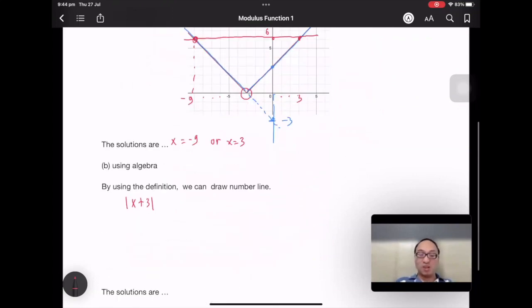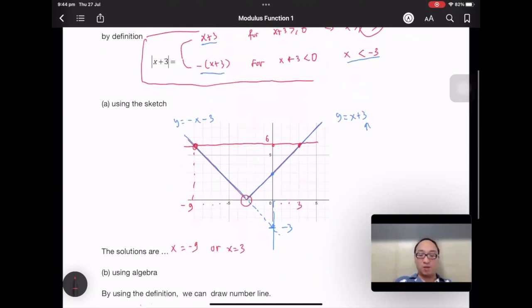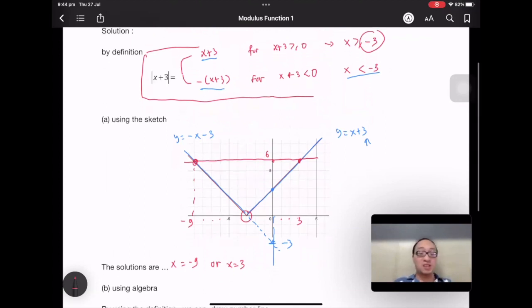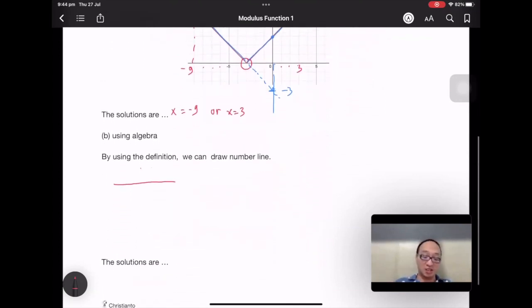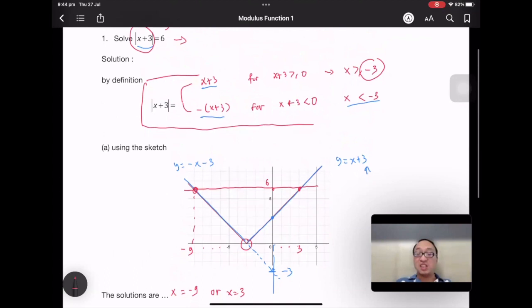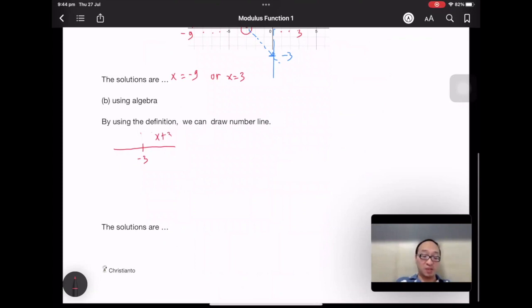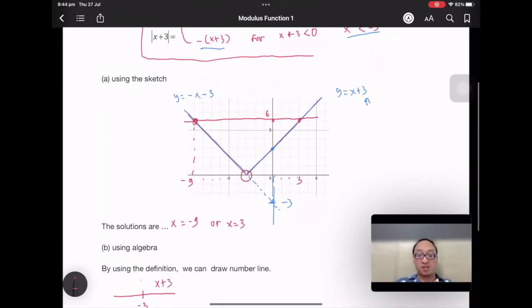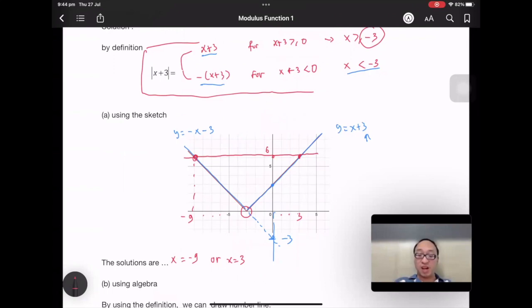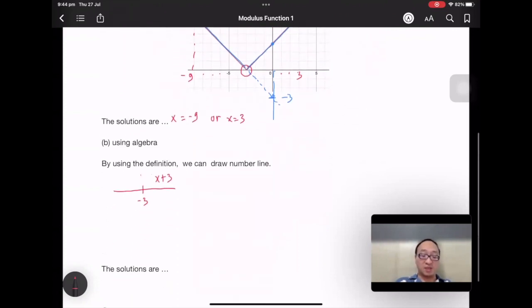Based on the definition, we can draw the number line and put negative 3 as the divider of the region. For x greater than negative 3, the function is equal to x plus 3. But in here, for x smaller than negative 3, the function is negative (x plus 3).